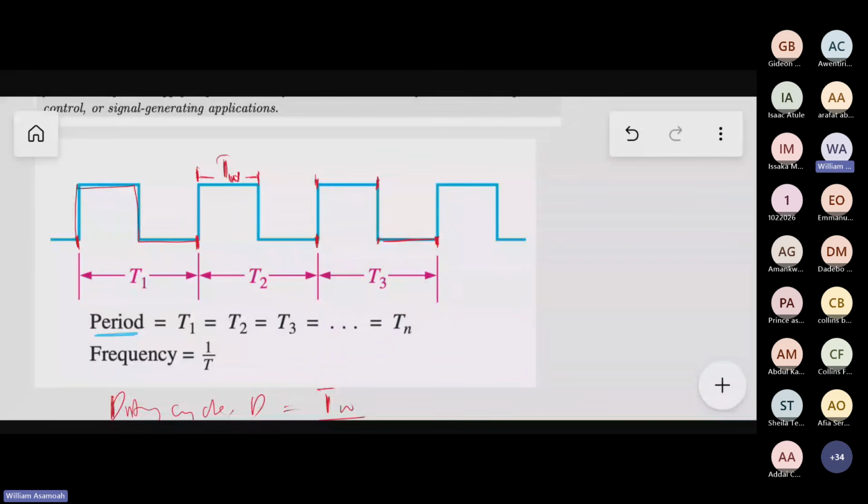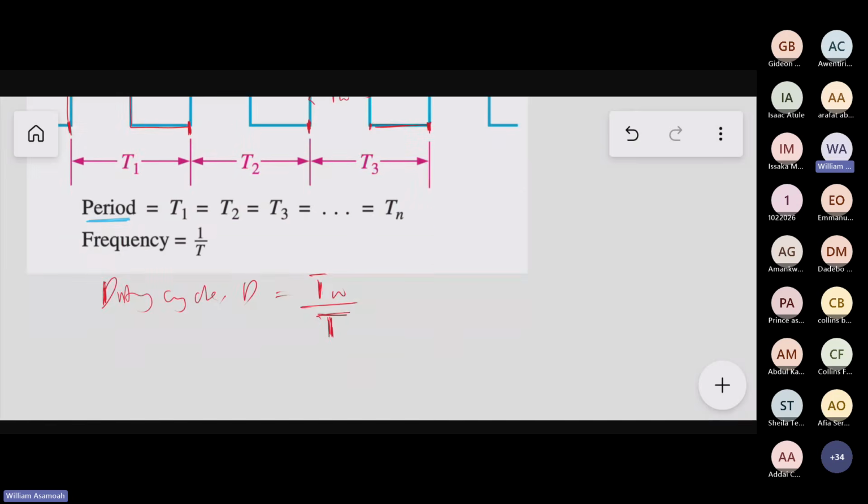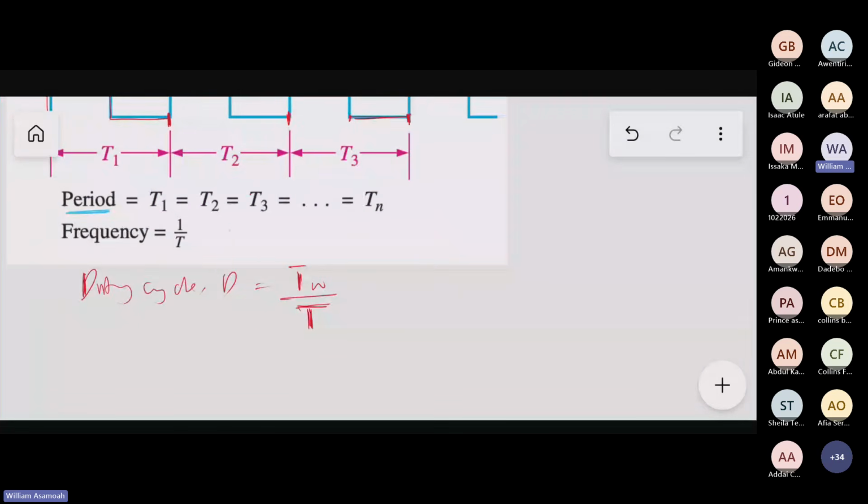So the duration it stays on is called the pulse width. That's TW. TW is pulse width.